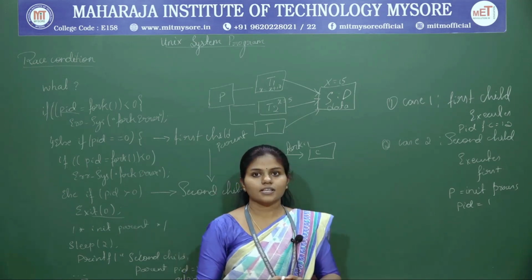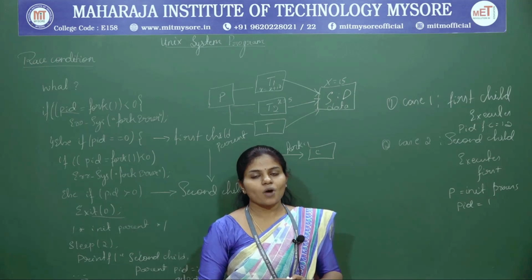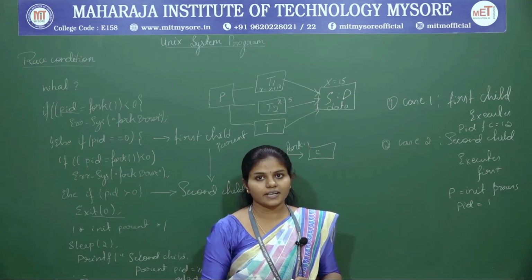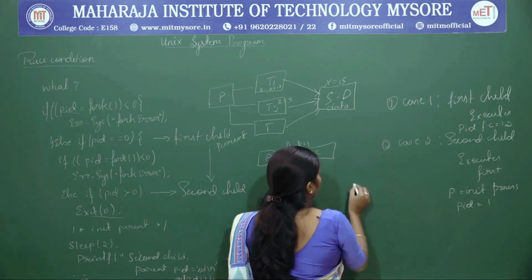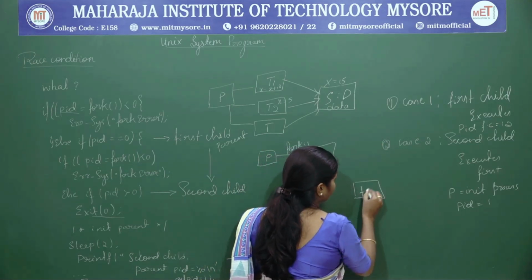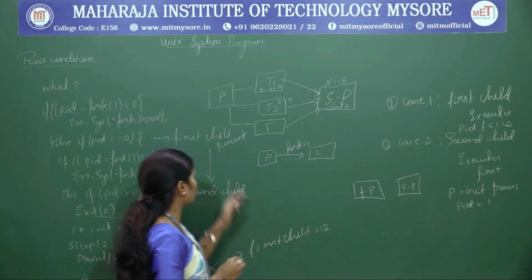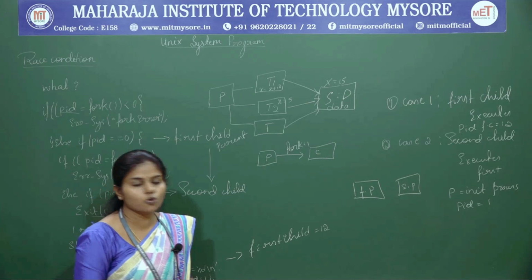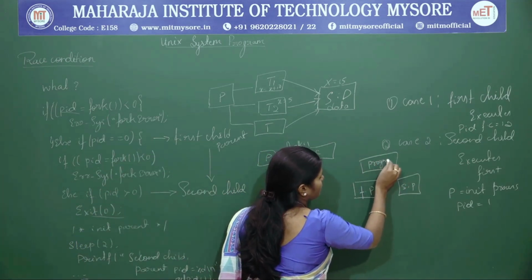Why? Because it is going to work as multi-process, right? More than one process is going to be created for execution of a program. The first process and the second process are created, that is, the first child and the second child for the given program, right?